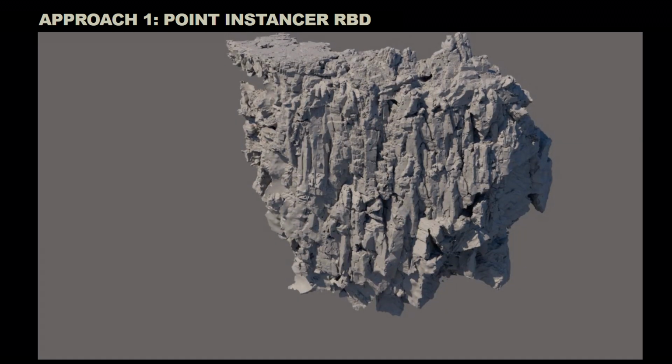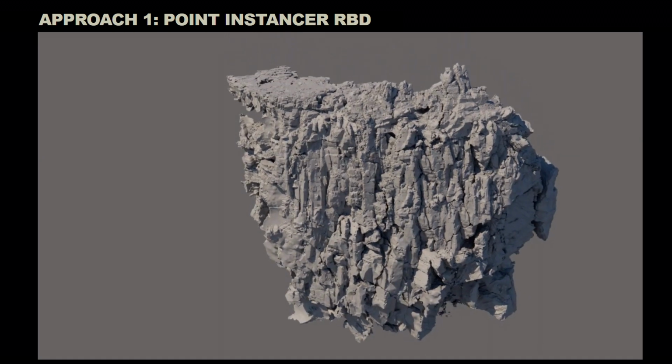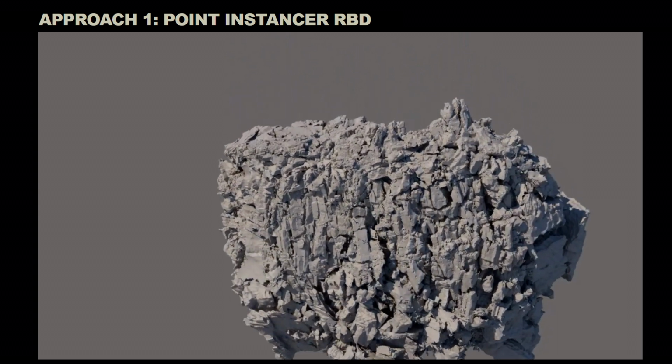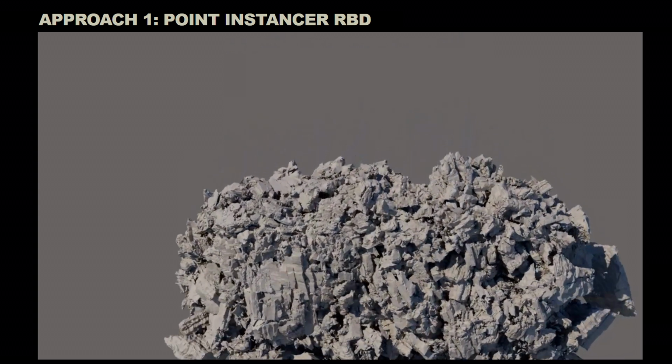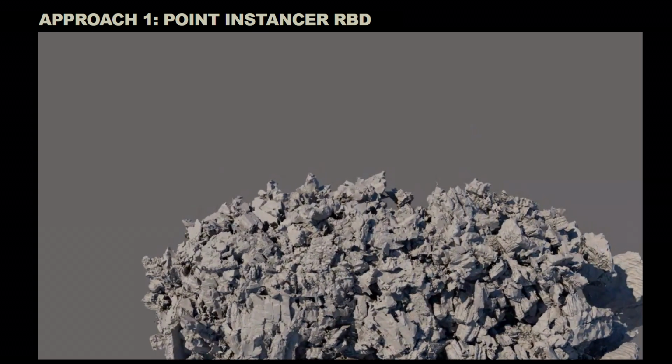Okay, and this was the final result of the scene that I showed you. It's not a spectacular RBD simulation. Eventually I abandoned this approach because nobody could understand how to use it.